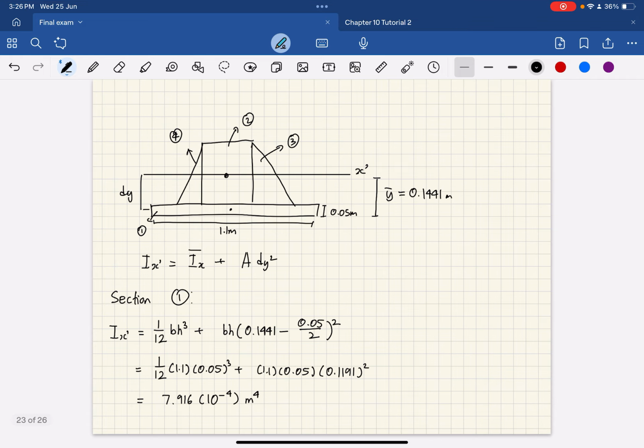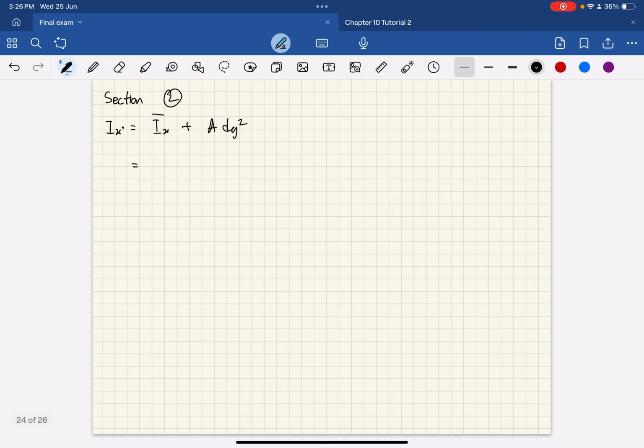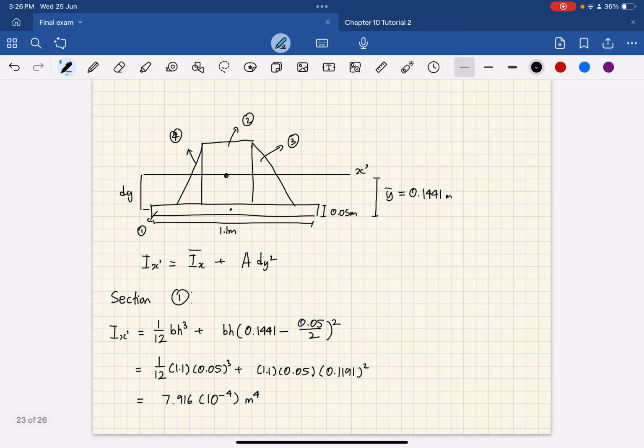The same rule applies, again 1 over 12 bh cubed because it's a rectangle, plus bh. Then your dy in this case, because your centroid for section 2 is somewhere along here, you need to find the distance of this centroid to the x prime axis itself.